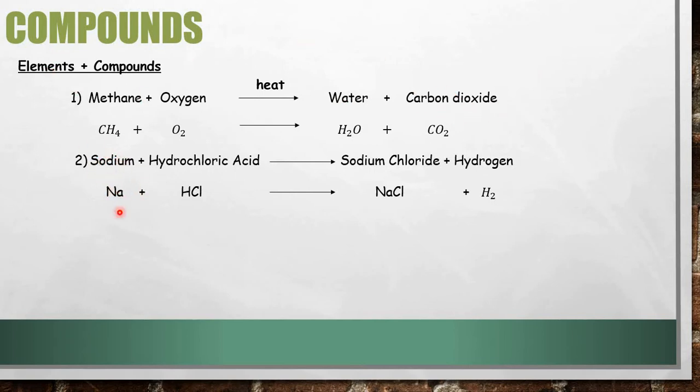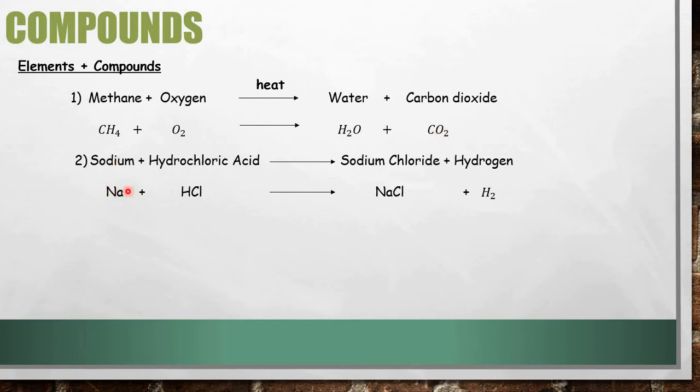Same goes for this one. Sodium is the element. Below here is the symbol for this element, this compound, and this element. Methane is CH4, oxygen is O2, water is H2O, carbon dioxide is CO2. Then move on to the next one.